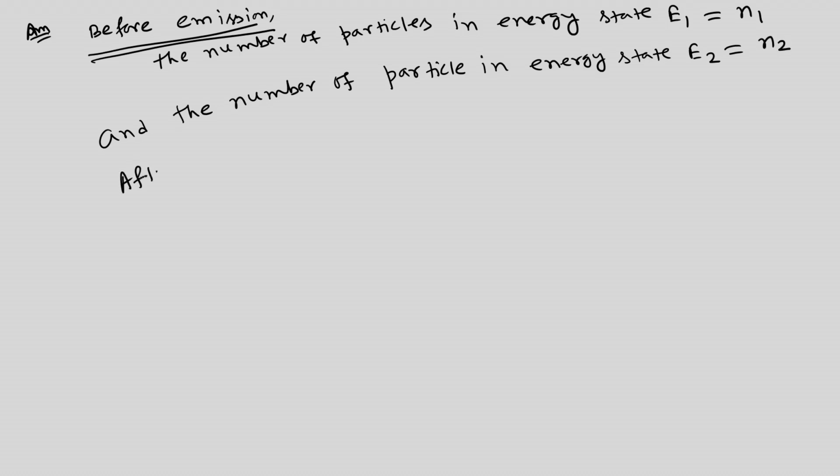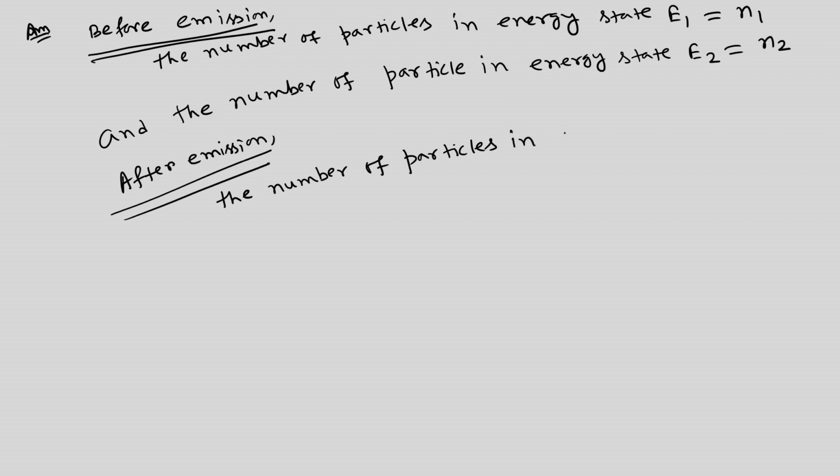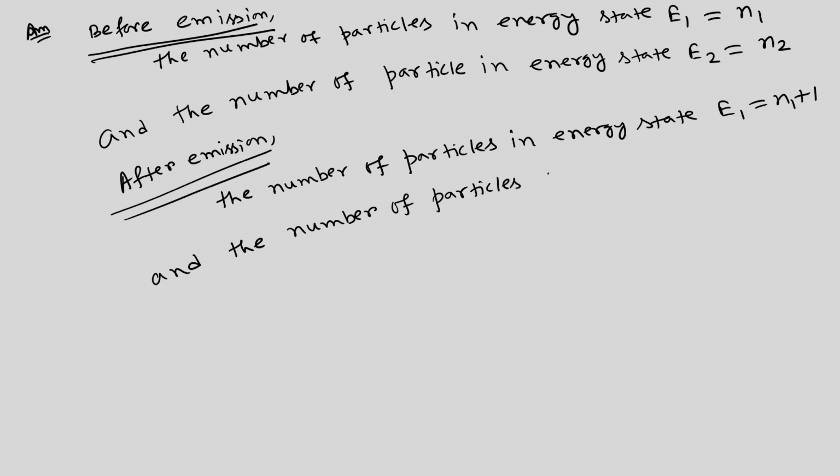After emission, the number of particles in energy state E1 is N1 plus 1 and the number of particles in energy state E2 is N2 minus 1.